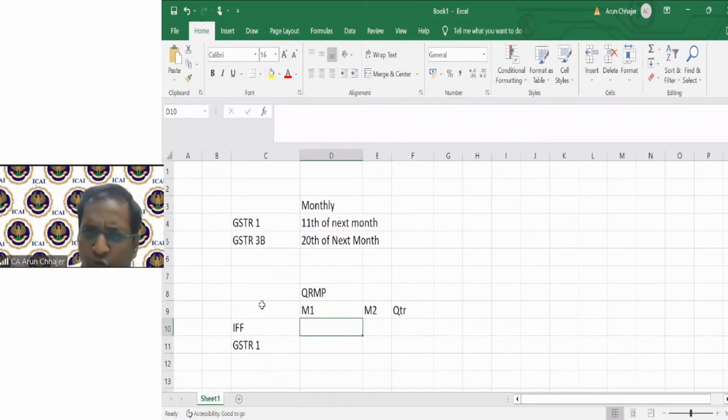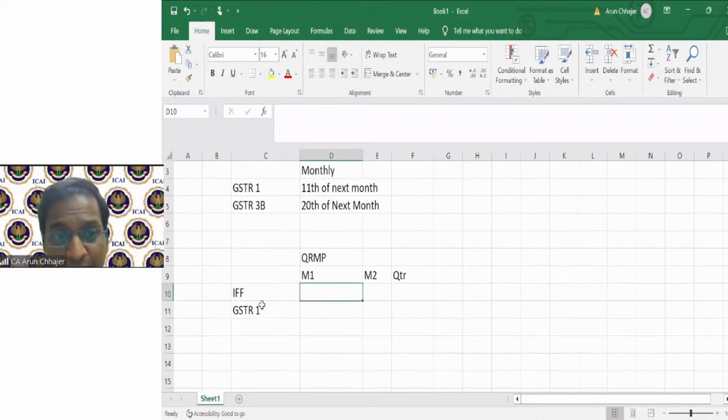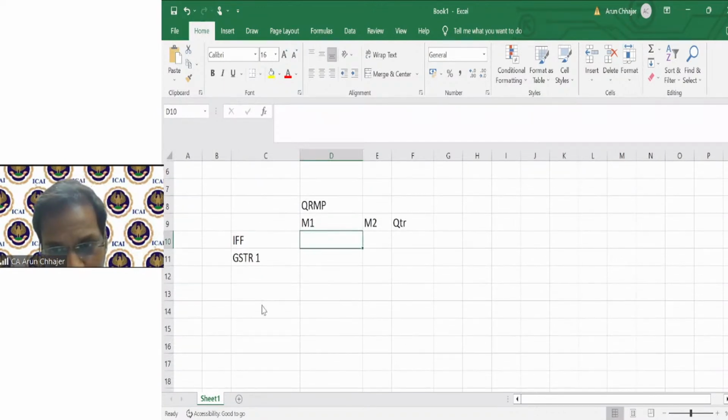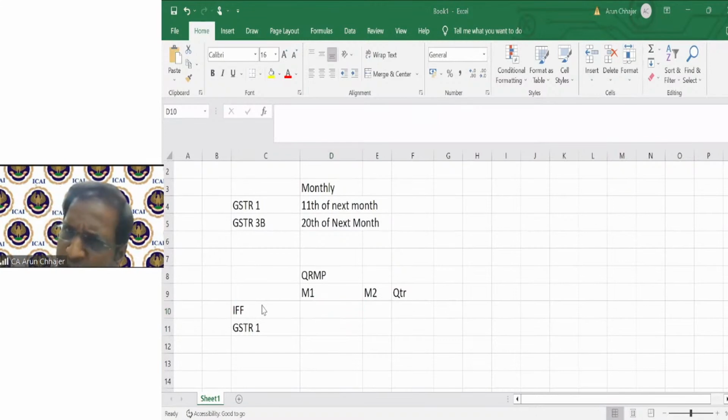M1. Yes or no? Just tell me applicable or not applicable. Whether IFF is applicable for M1. You just simply tell me applicable or not applicable.